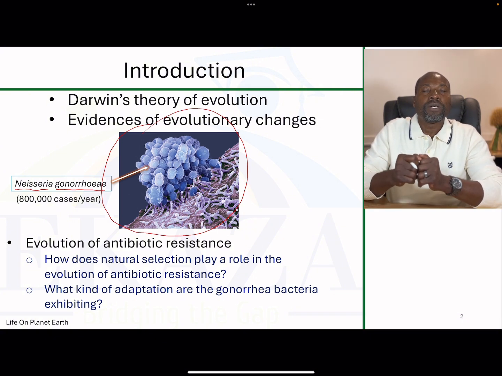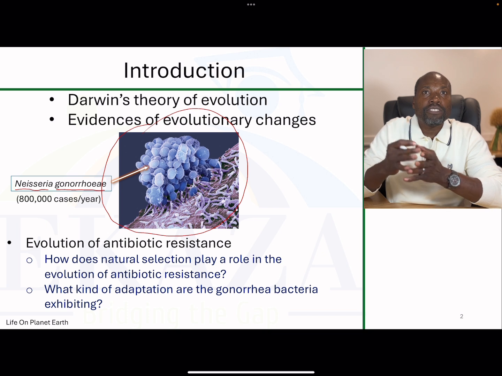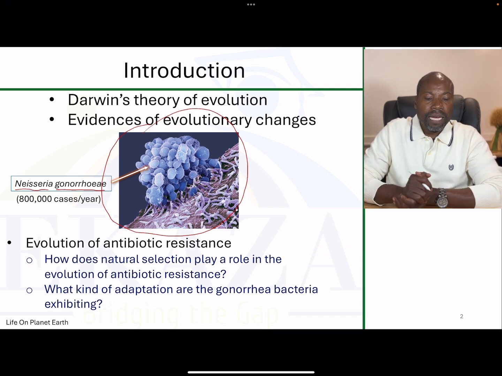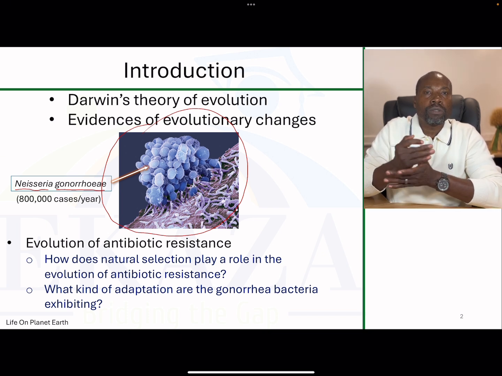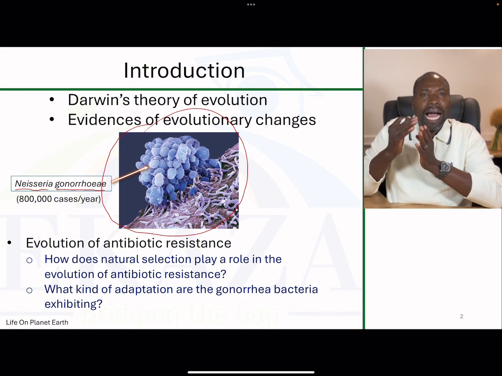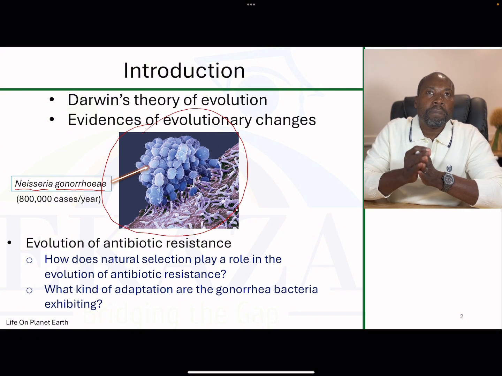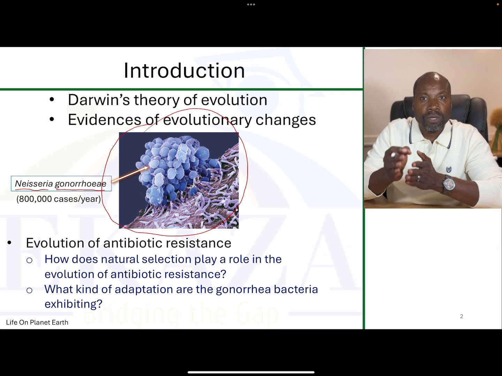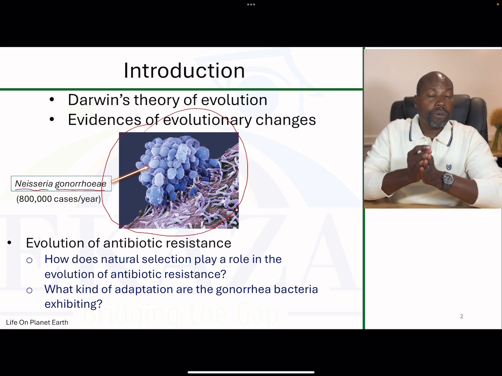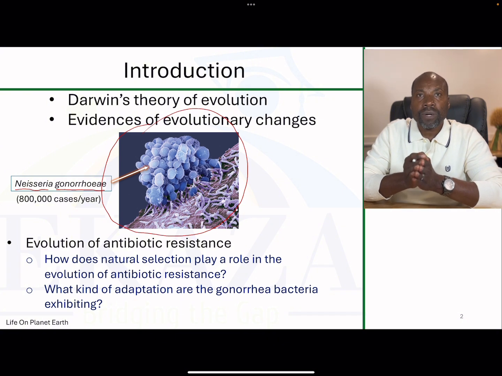Now, with the development of resistant strains of Neisseria gonorrhoeae, there are a few questions we need to ask. How does natural selection play a role in the evolution of antibiotic resistance in the case of Neisseria gonorrhoeae, in the case of tuberculosis, right? The organism that causes tuberculosis is Mycobacterium tuberculosis. I'm pretty sure you also heard of methicillin-resistant Staphylococcus aureus that is responsible for staph infection.